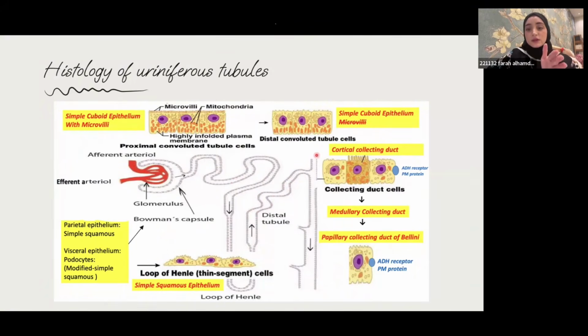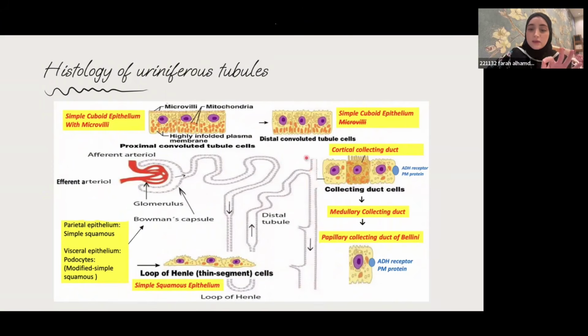Then we have the cortical collecting duct, the medullary collecting duct, the papillary collecting duct right at the bottom. These contain simple cuboidal epithelium, but in the cortical collecting duct, we have two types of cells, and in the rest of it, we have one type. So in the collecting ducts, we have some cells that are called principal cells. These cells are light colored, they're light cells. And most of the entire thing, we have principal cells or light cells.